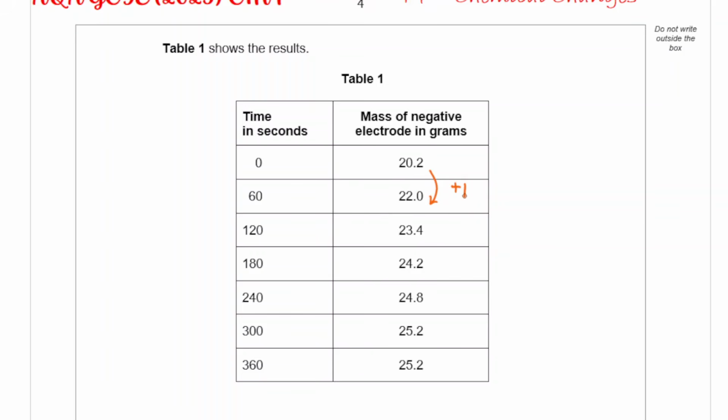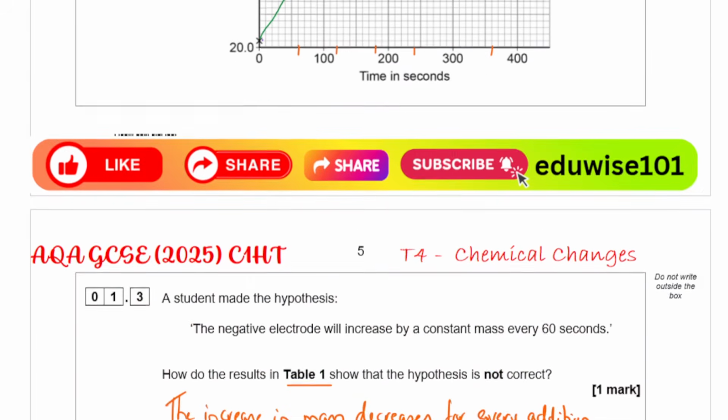It's plus 1.8 increase, and if I look from there, it's plus 1.4, and you can work out the rest. The increase is getting smaller and smaller, and at the end it's 0. It doesn't increase between 300 and 360.